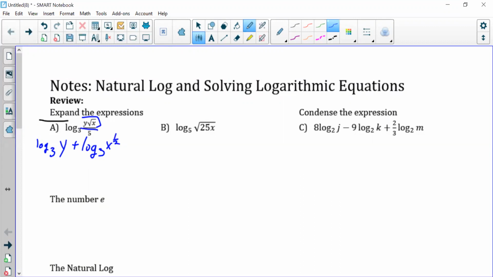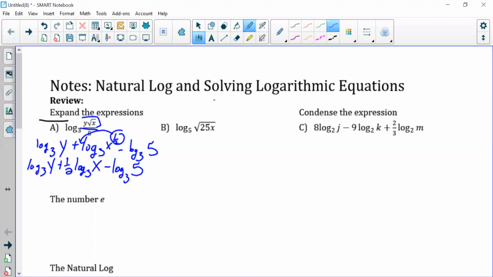Division, so we're going to be minus the log base 3 of 5. Then we want to deal with this exponent. Remember, exponents come out front, so we're going to have log base 3 of y plus 1/2 log base 3 of x minus the log base 3 of 5.